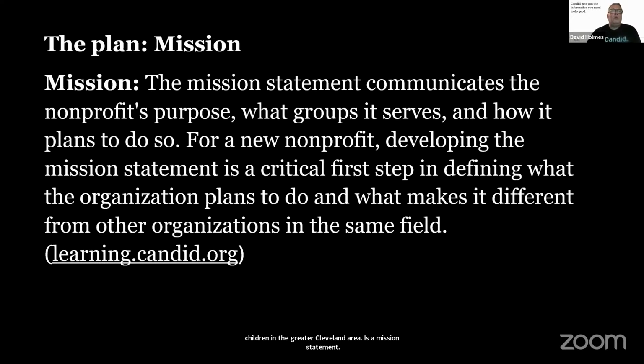"We ensure that no child in X neighborhood, whatever it is, goes hungry by providing school lunches and after school snacks." That could be a mission statement. Usually they're pretty short. Usually they summarize. You could take a mission statement and say, oh, okay, I could make a nonprofit around this because it tells me what that nonprofit is going to do every day.